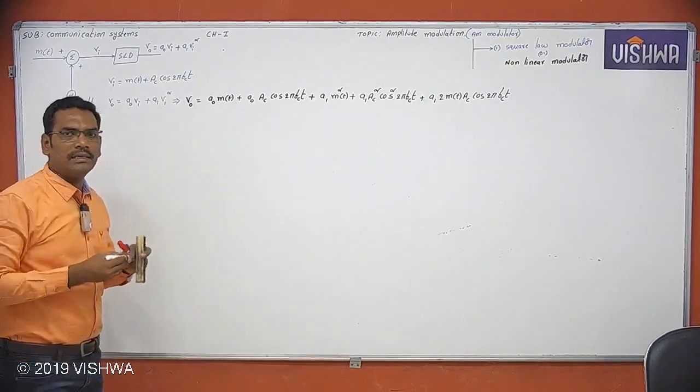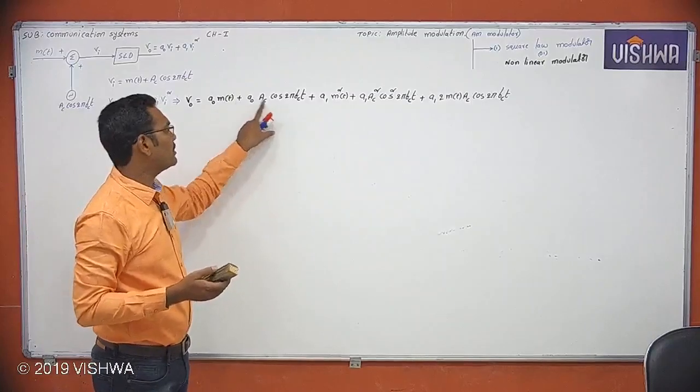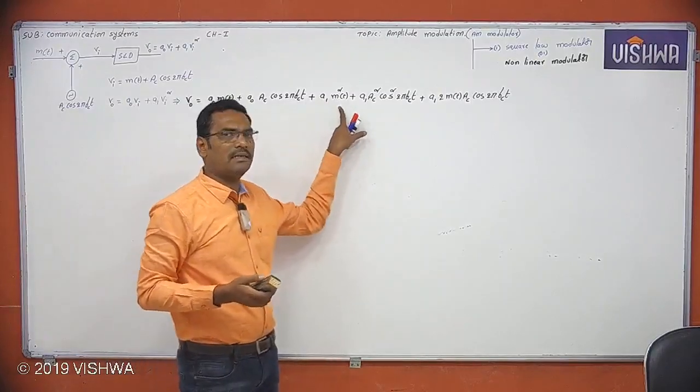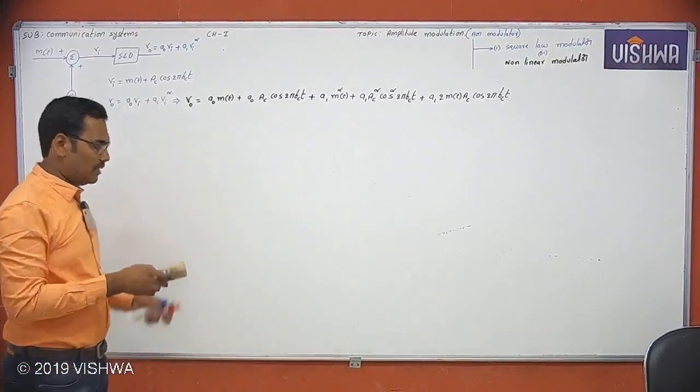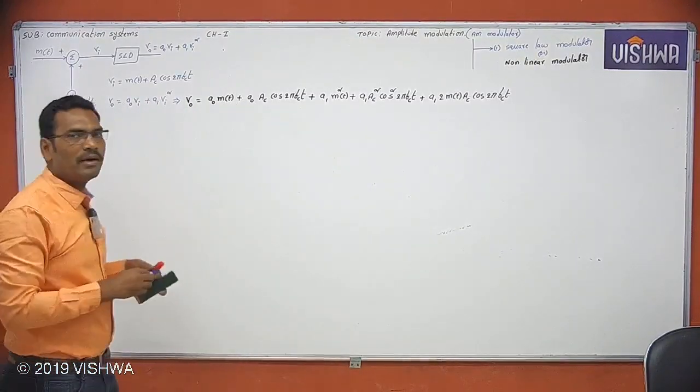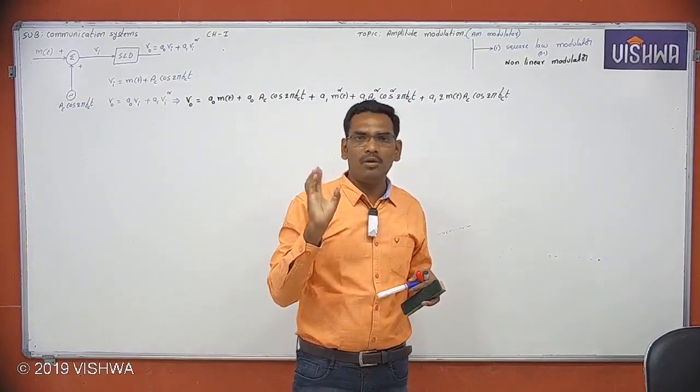If you observe here, what are the components? Message signal frequency, carrier, and message signal square and carrier square. What components are you expecting at the output of the modulator? We want the AM signal, which is nothing but carrier, upper sideband, lower sideband.